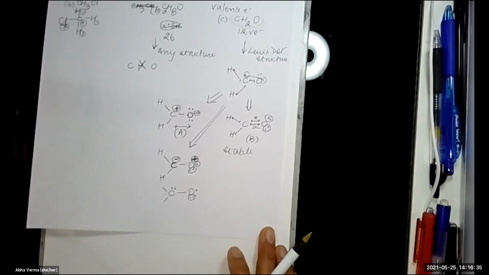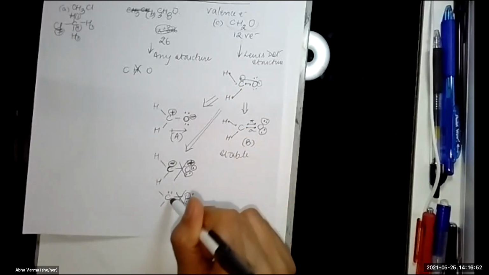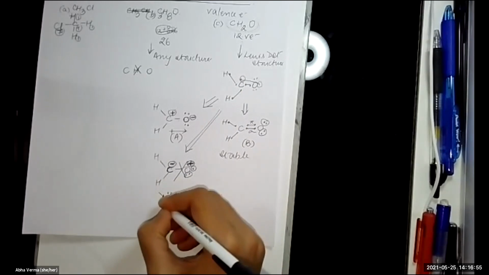Are 5 valence electrons on carbon even possible? No. And so this structure will not be possible, because if you give a negative charge on this carbon it will not have 4, but 5 valence electrons: 1, 2, 3, 4, 5. So this structure will not be allowed. Any questions so far?